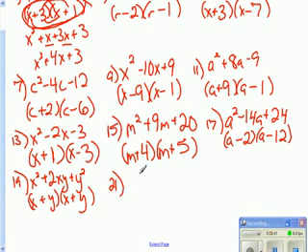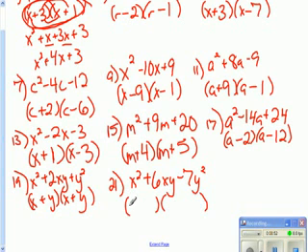Number 21. That's kind of the same idea. We have x squared plus 6xy minus 7y squared. Again, set up my two sets of parentheses, put my x and my x, which means this x here doesn't really matter when we're trying to guess. We know we need a positive and a negative to get this negative.